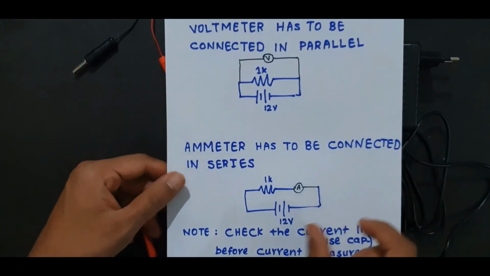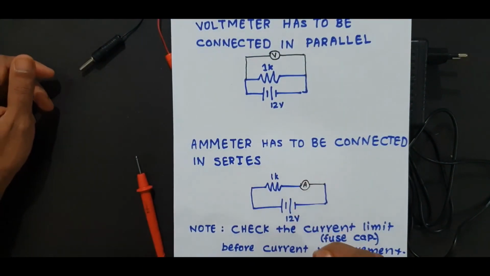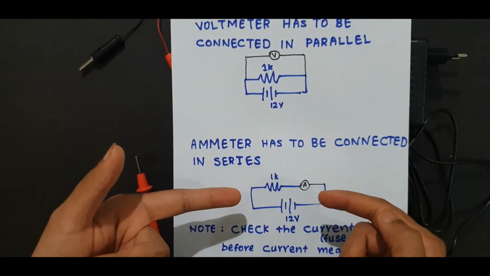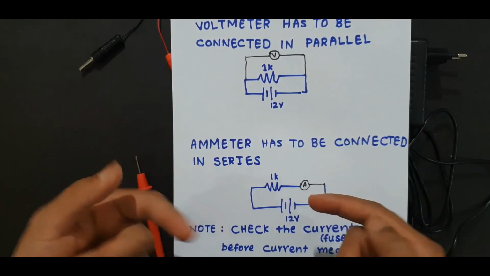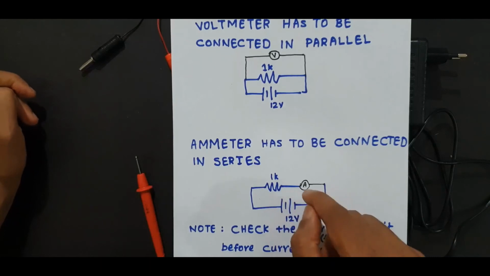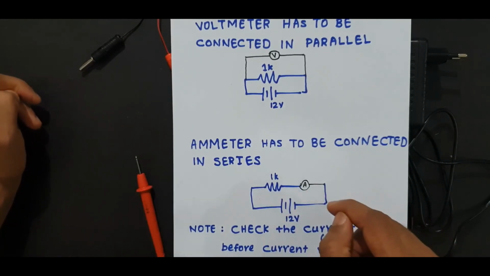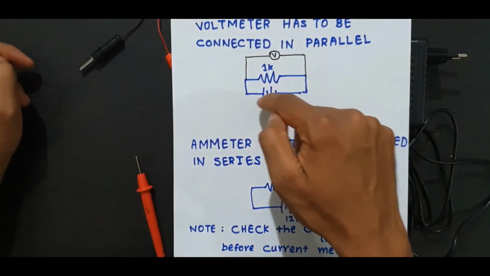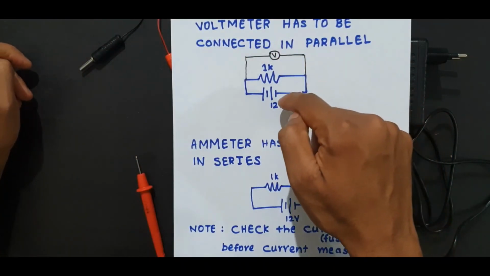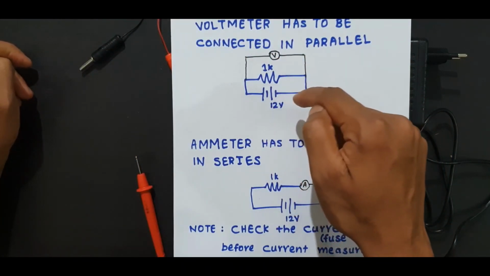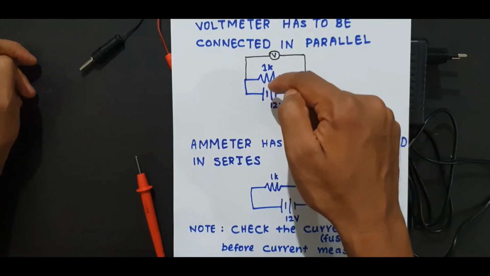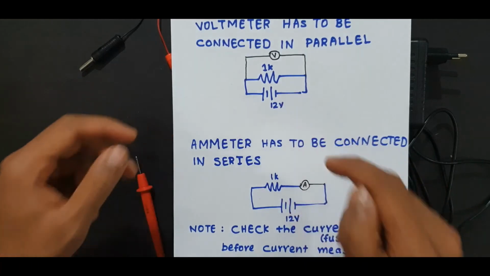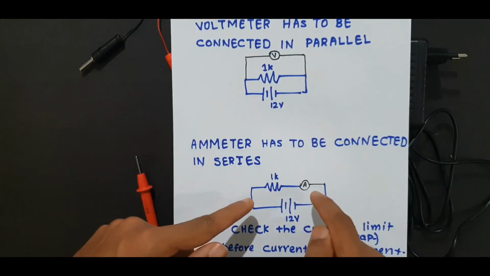In case you connect the ammeter in parallel, definitely there will be some issue, as ammeters have very little resistance. So when you connect the same ammeter in parallel, there will be a short between the positive terminal and the negative terminal, and there will be a huge current flow. Due to that, the fuse will be blown. So we have to be careful while connecting the ammeter.